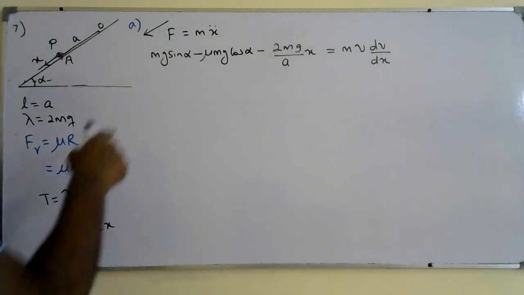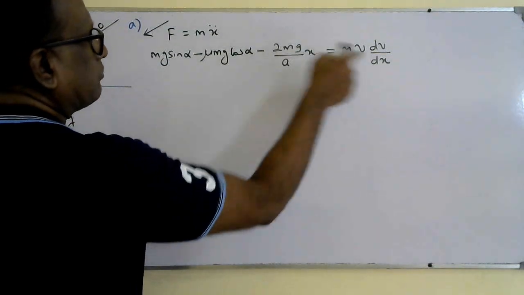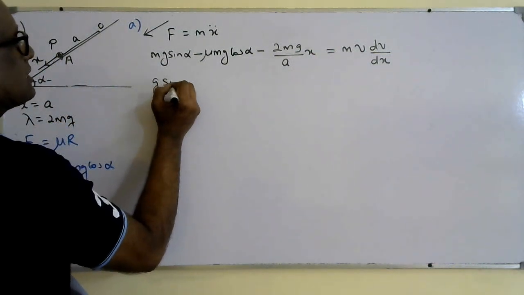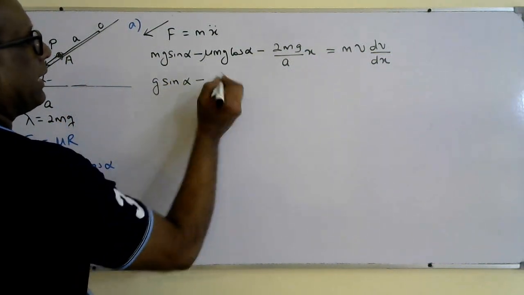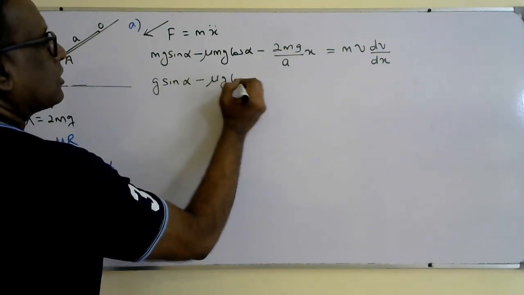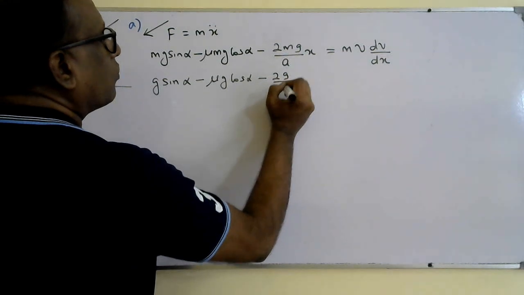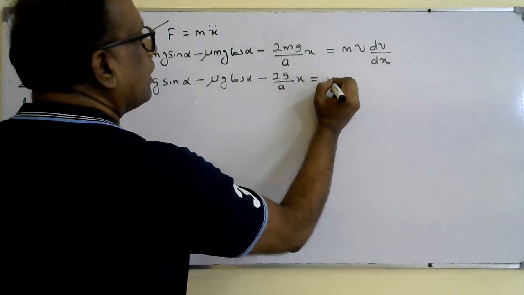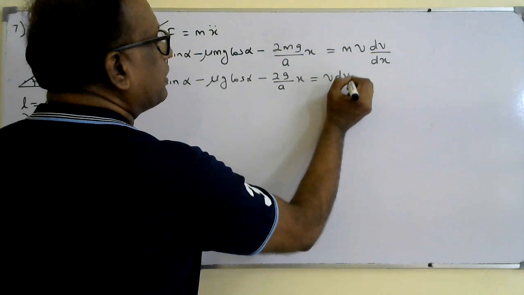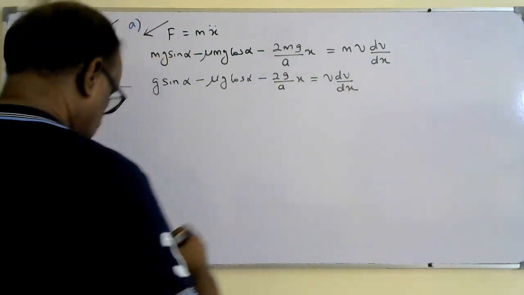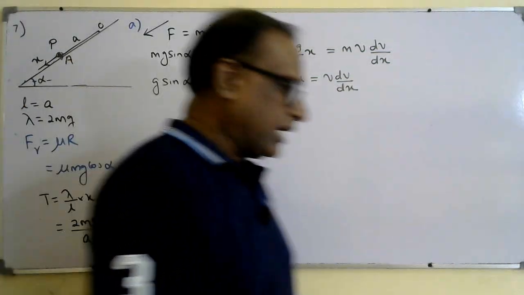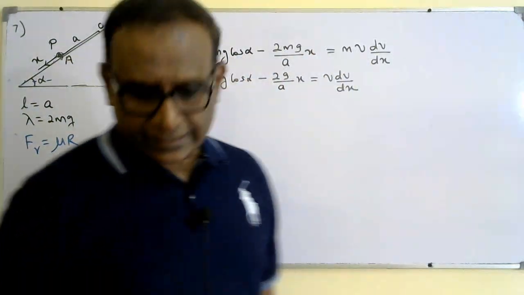Okay, we can divide the whole equation by m. So it's going to be g sin alpha minus mu g cos alpha minus 2g over a x equals v dv over dx. So that shows clearly we have to integrate.